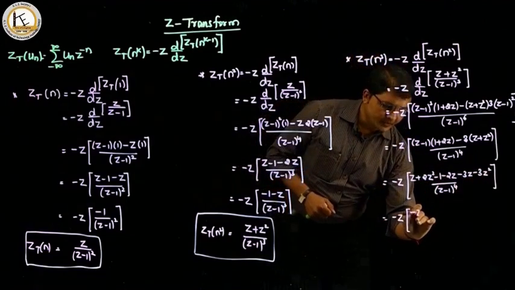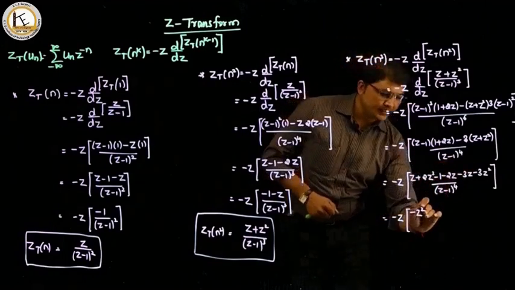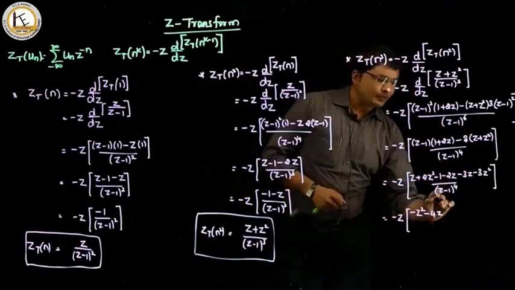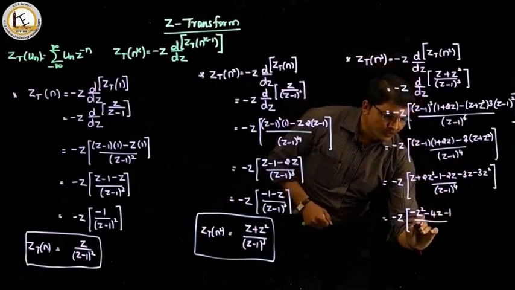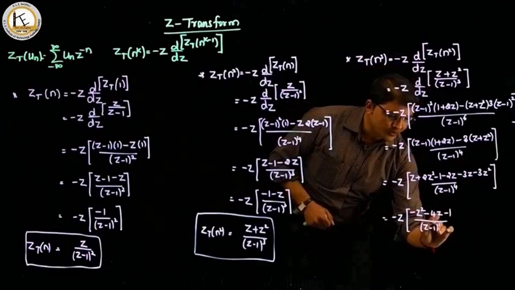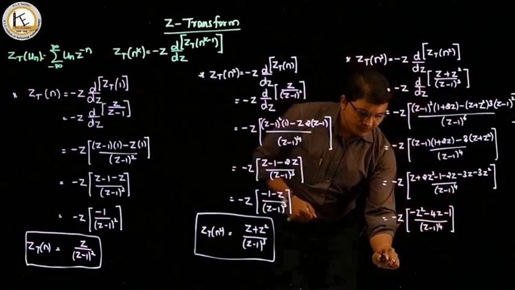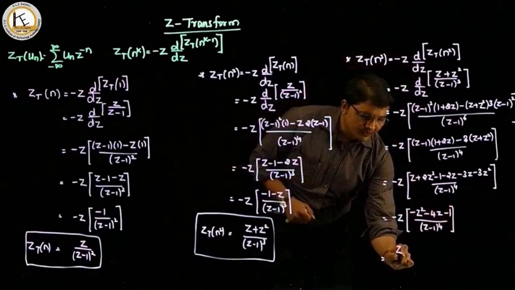Simplifying further, minus Z into bracket. Obviously 2Z square minus 3Z square is minus Z square. Z minus 2Z minus 3Z is minus 4Z, and constant term is minus 1, divided by, we have Z minus 1 the whole raised to 4.